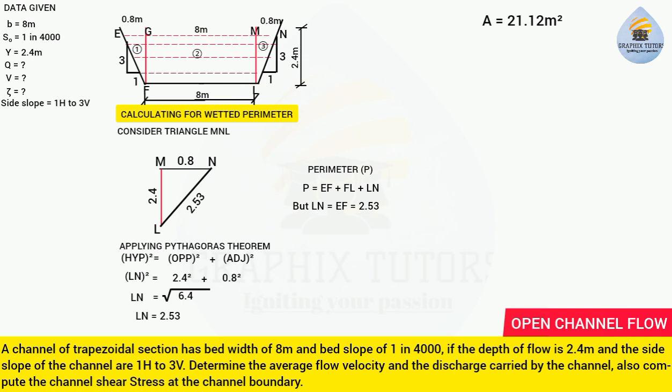So we now write that the perimeter here will give me 2.53 for the LN plus 8 for the FL plus 2.53 for the EF altogether. In a nutshell, the perimeter will give us 13.06 meters. So that's our perimeter.